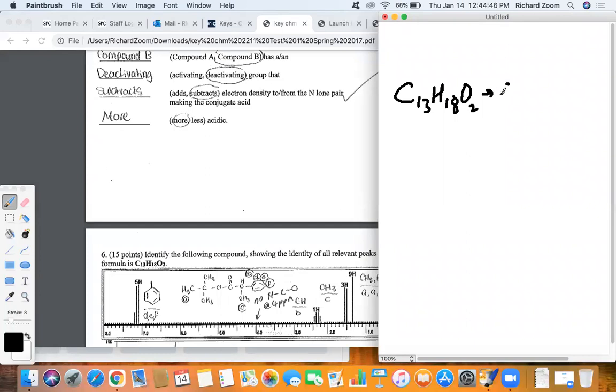And what we want to do is figure out what it would be once we accounted for the oxygen. It'd be C13, H18. If it were saturated, it'd be C13, H28. And that becomes from 13 times 2 plus 2. That's where the 28 comes from.